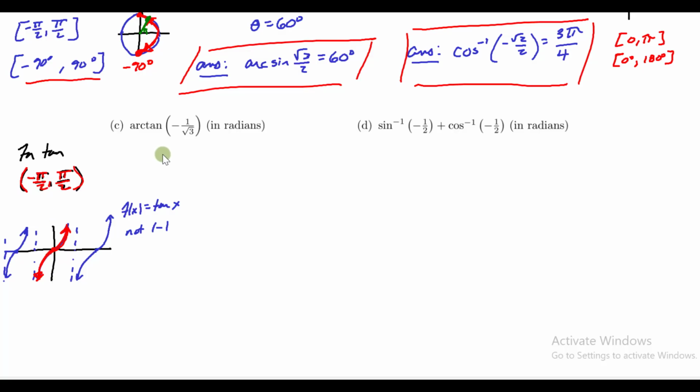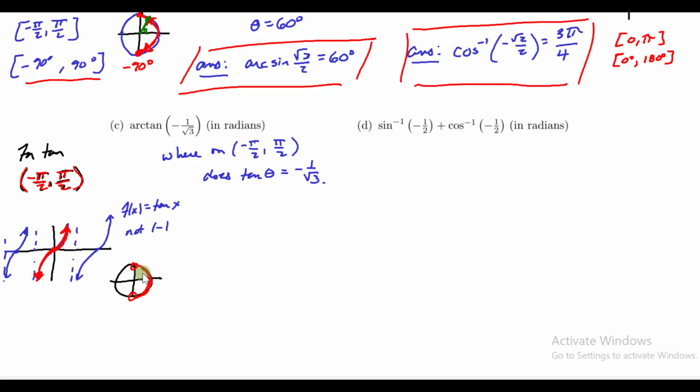So the question we ask is, where on minus pi over 2 to pi over 2 does the tangent of theta equal minus 1 over the square root of 3? On the unit circle, the part of the unit circle that we're looking at is this interval right here.